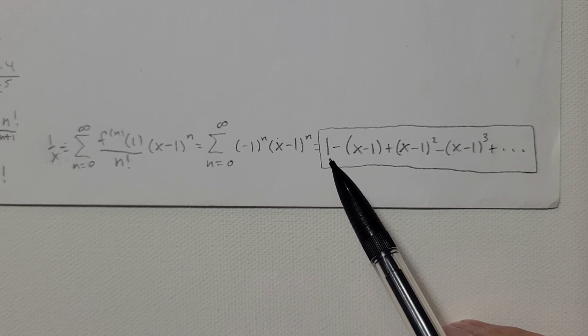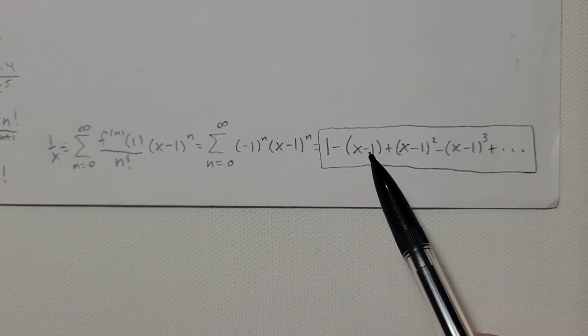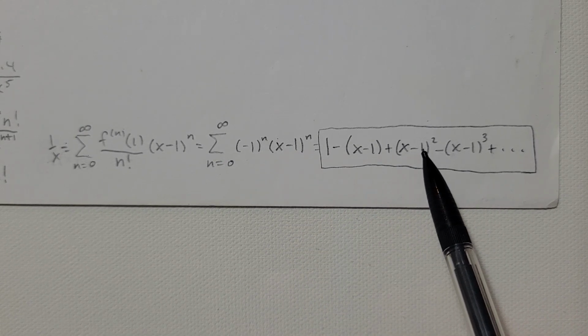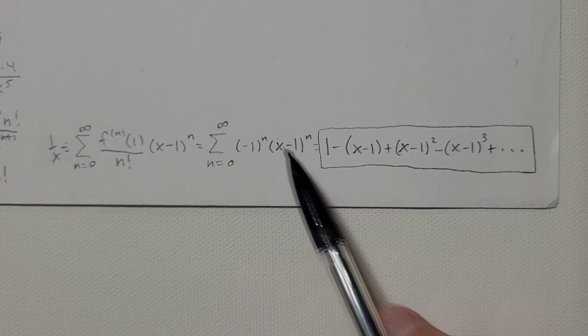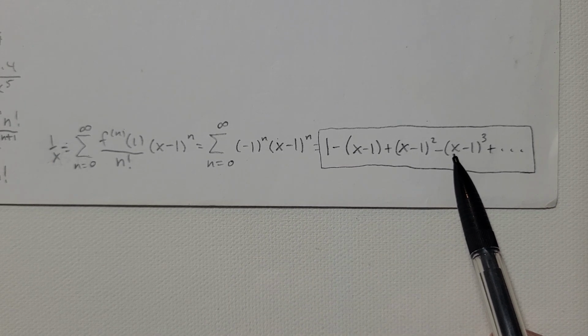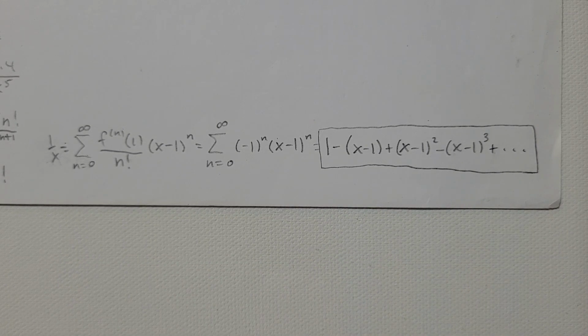When n is 1, I have minus x minus 1. When n is 2, I have plus x minus 1 squared. When n is 3, I have minus x minus 1 cubed. Okay, and so we're going to alternate sign here, plus, etc. So this would be the Taylor series for 1 over x.